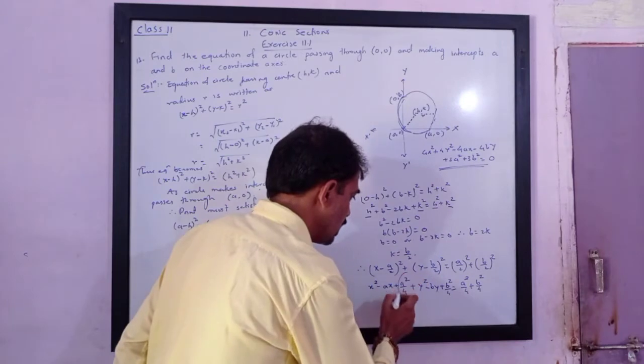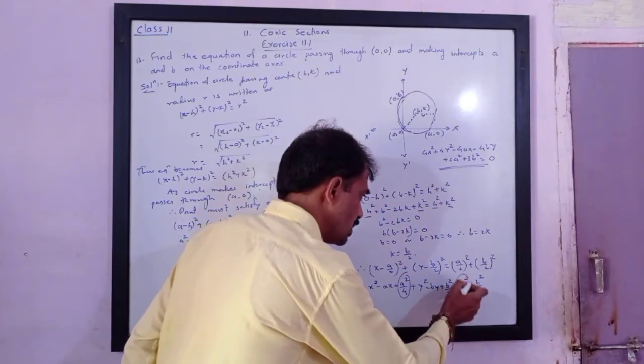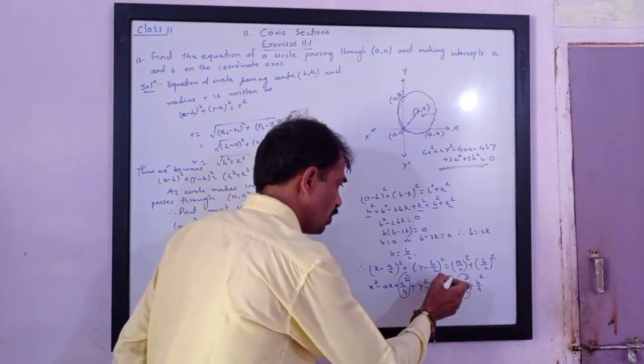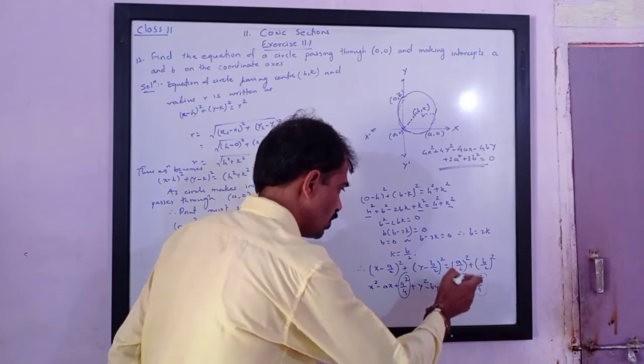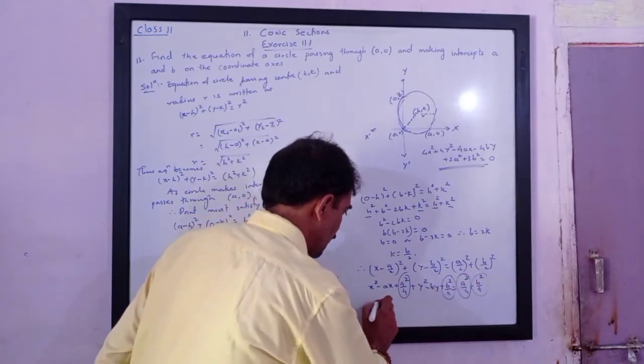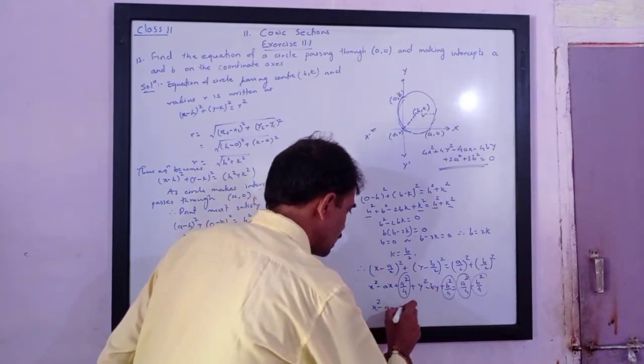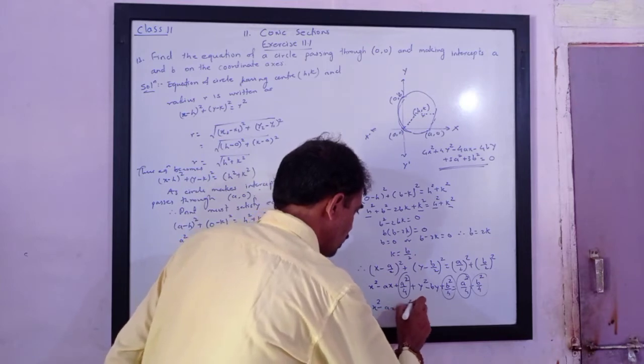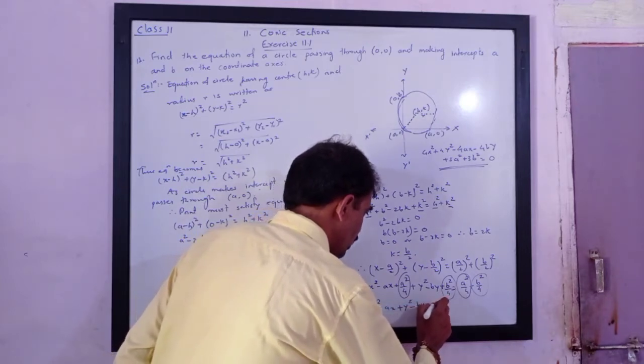Please note, this a square upon 4 eliminates this a square upon 4. b square upon 4 eliminates b square upon 4. So I am left with x square minus ax plus y square minus by is equal to 0.